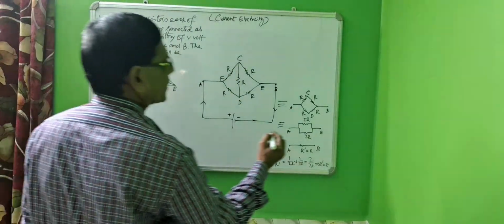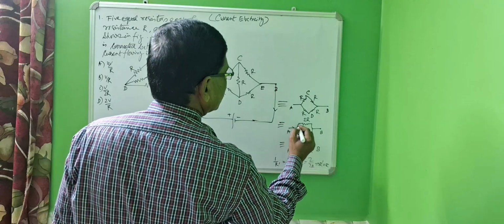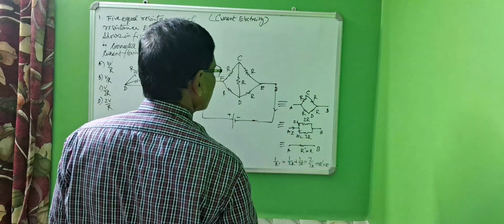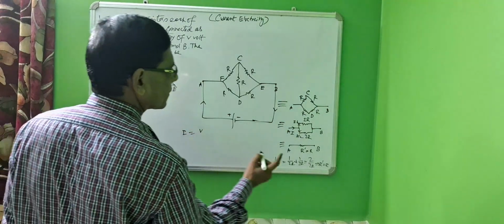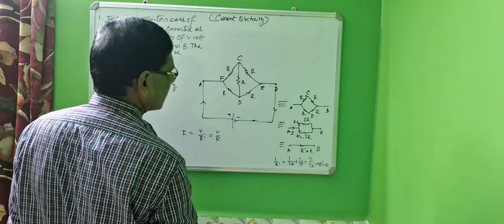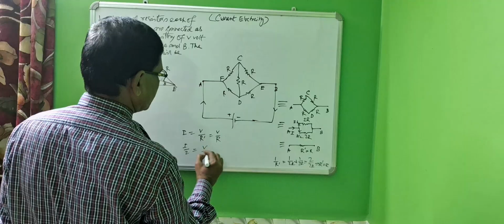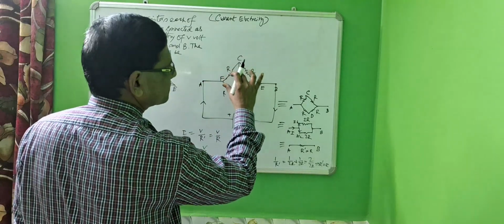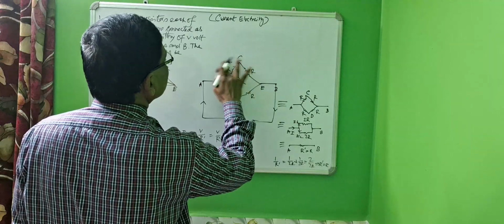So if there is a current I, this is twice R, this is twice R, so here is also I by 2 and here is also I by 2. So we can write I as V upon R dash equals V upon R, and I by 2 equals V upon twice R. The FC branch takes a current I by 2.